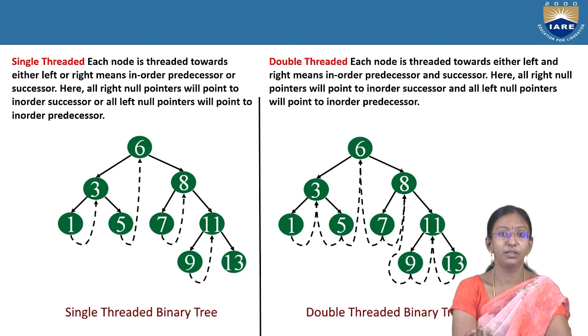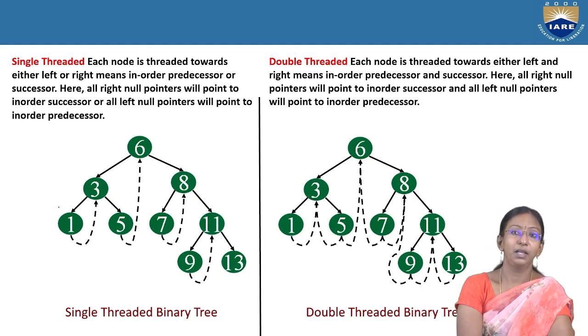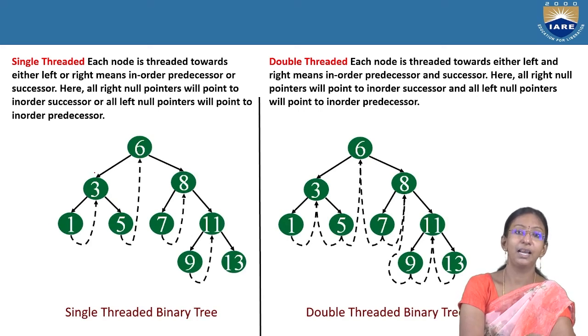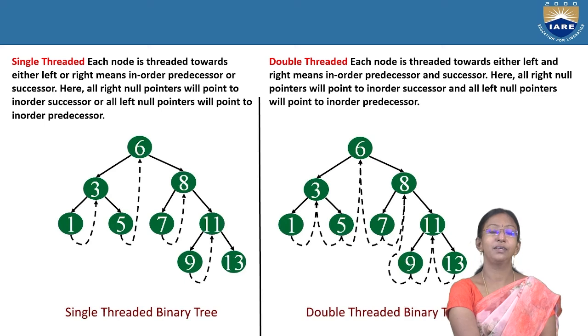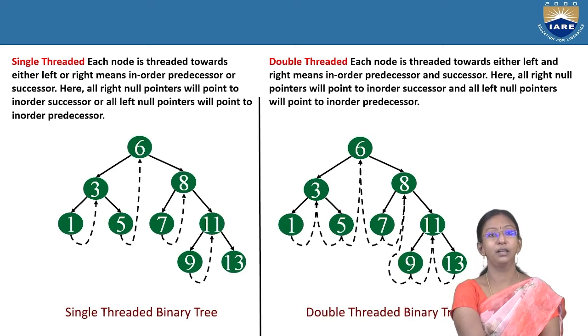No one can change the depth of it, right? Similarly, 1 is linked to 3. 1, being the left child of 3, is linked to 3, whereas 5, you can see, being on the left of 6, is threaded to 6.